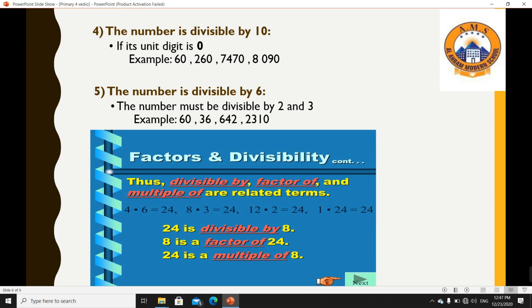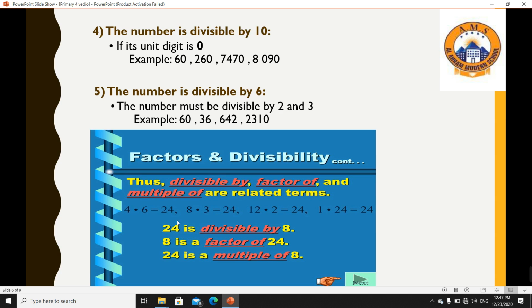Okay? We have 3 lessons. They are related to each other, which are multiples, divisibility, and factors. We will take factors in the next video. So, let's look here at the second example. 8 multiplied by 3 equals 24.